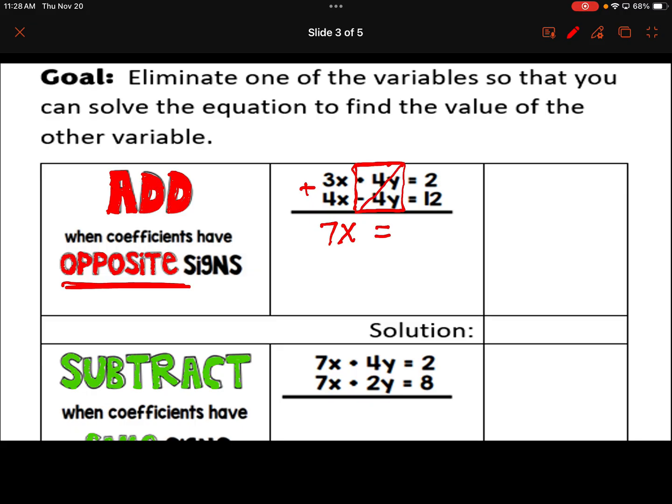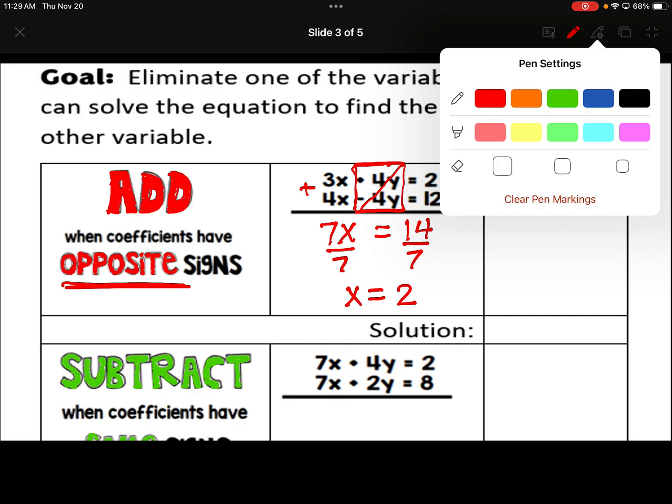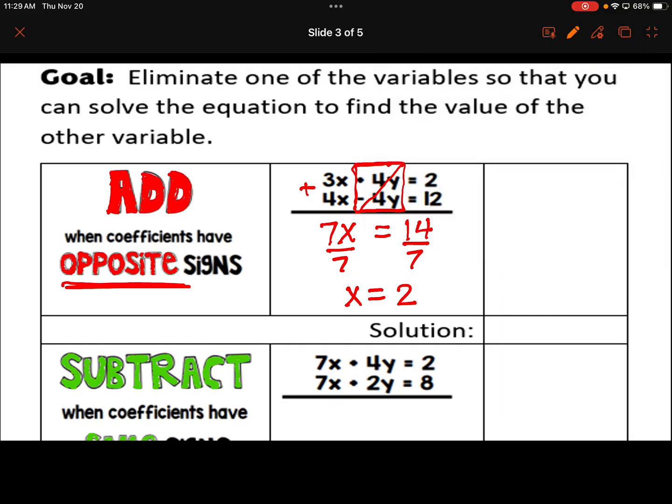So now it equals 2 plus 12 is 14. And now I'm just solving for x. So x is 2. And now we're back to what we're used to. We are going to substitute, and we can do it into either equation. I'm going to do the first one. 3 times 2 plus 4y equals 2.